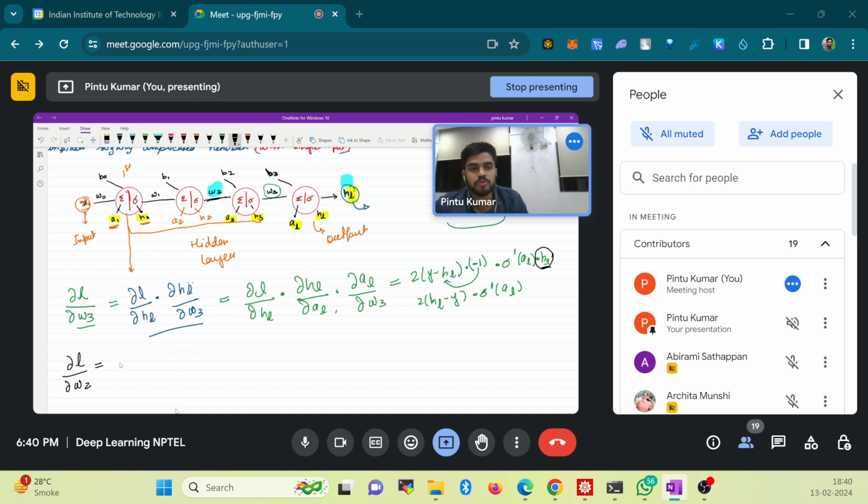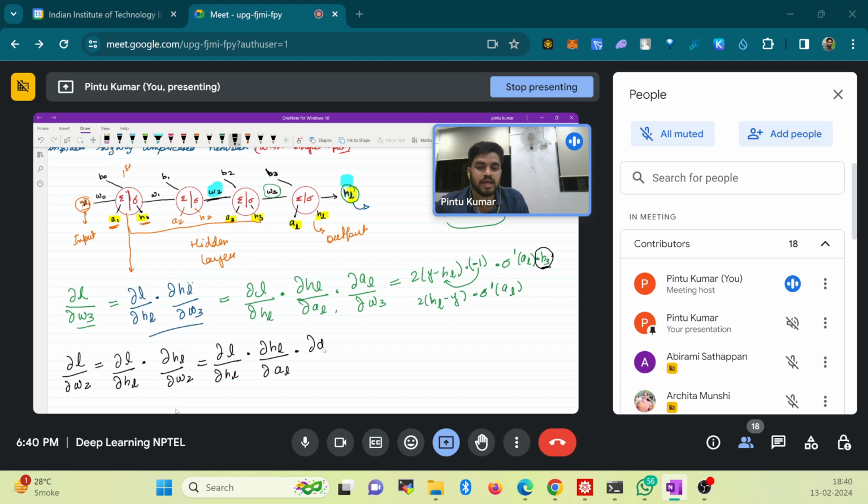From the loss function, you will again have del L by del HL, and then del HL by del W2 this time. This can be further broken down, and I'll straight away write what it can be broken down into. Now HL is a function of AL.